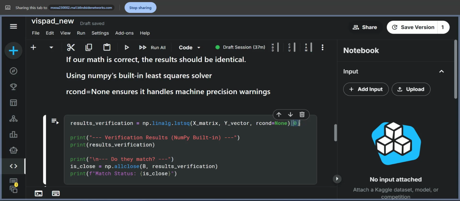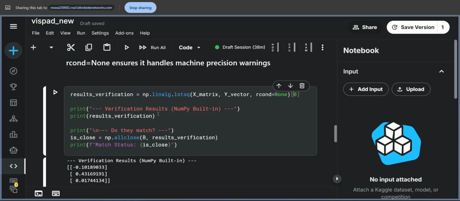Because we just want the b values, we are going to get only the first element, and then the rcond=None is just trying to say that we should ignore the warning about the singular matrix. So even if it warns us that the matrix is singular, we should just skip that.